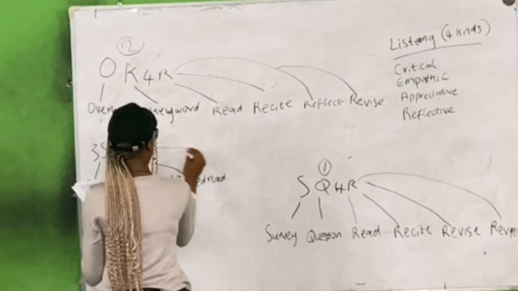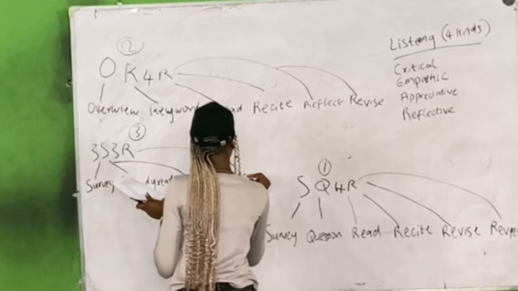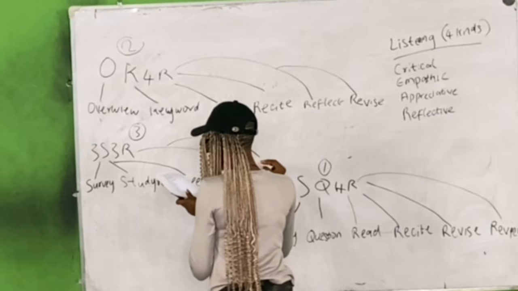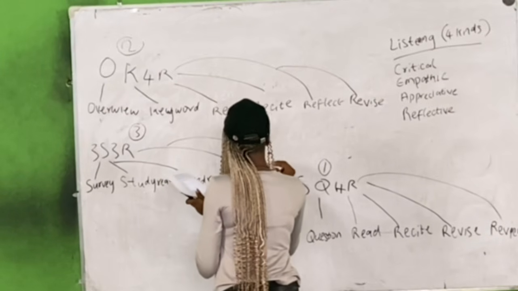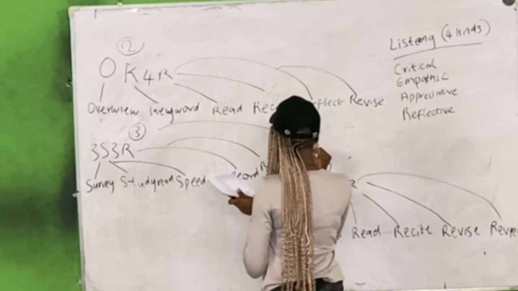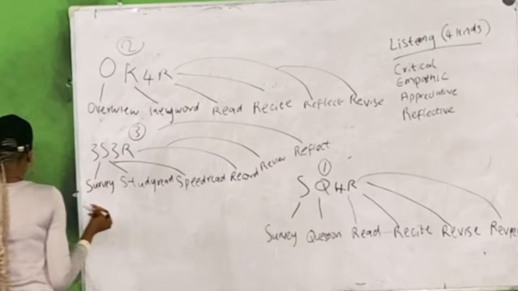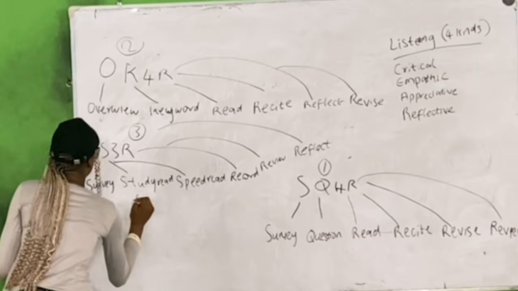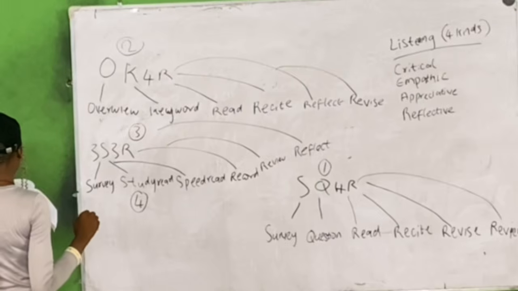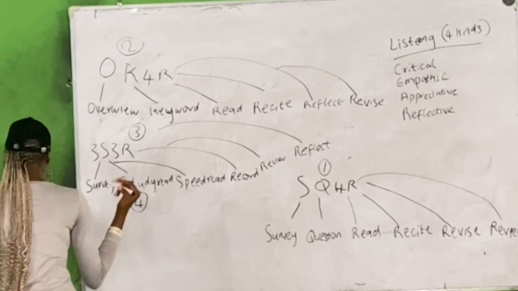Then for the three R's, we have record, review, and reflect. Sorry, it's not straight. Please manage it like this. I'm really sorry. Then the last one is the P3RU.